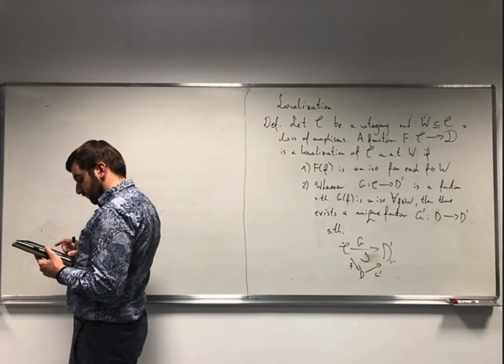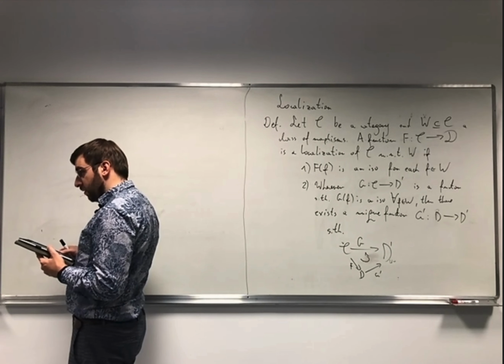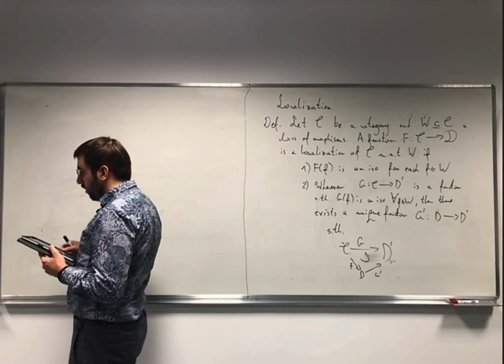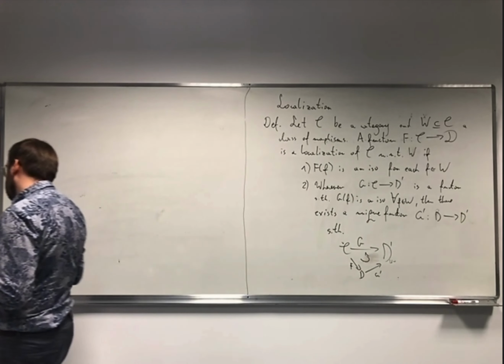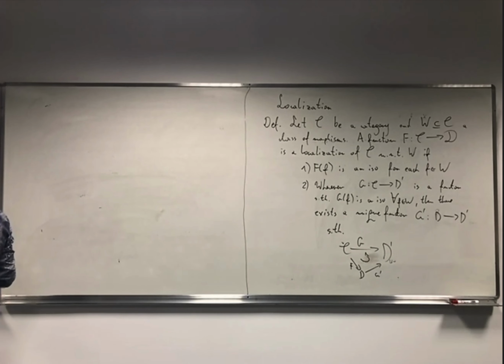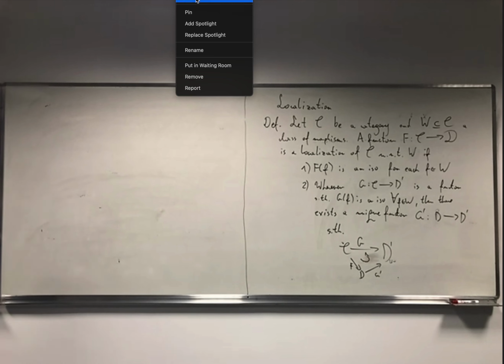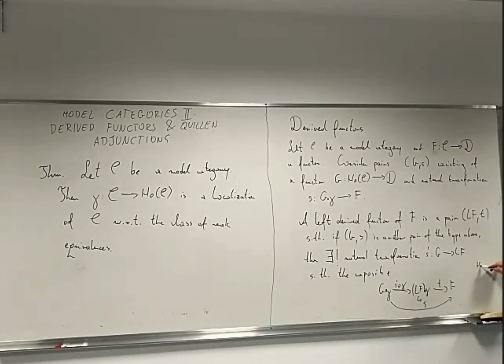What is the right derived one? But how do you see it as a Kan extension of what? So we are taking the homotopy category, gamma and F. Okay, I see. So you have C over here, you have gamma over here to the homotopy category.